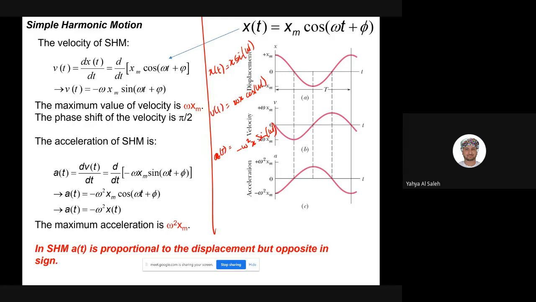So my acceleration is proportional to the displacement, but opposite in direction. You will see that this graph and this graph are exactly the same, but scaled and in opposite directions, as if someone flipped them.